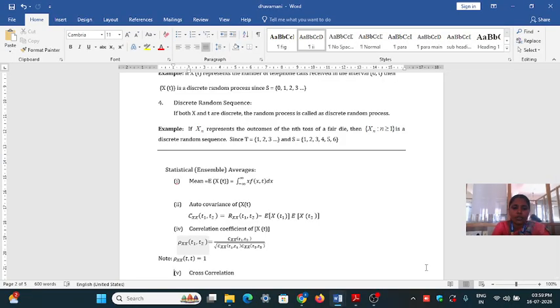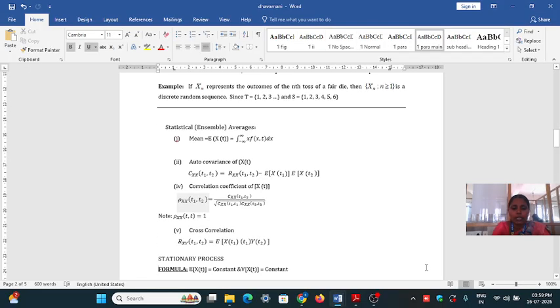Another one, autocovariance of X(t): Cxx(t1, t2) equals Rxx(t1, t2) minus E[X(t1)] E[X(t2)]. For the correlation coefficient you have to use the symbol rho: rho xx(t1, t2) equals Cxx(t1, t2) divided by the root of Cxx(t1, t1) Cxx(t2, t2). So already we know that, by the same concept, the value equals 1, that means rho xx(t, t) equals 1.